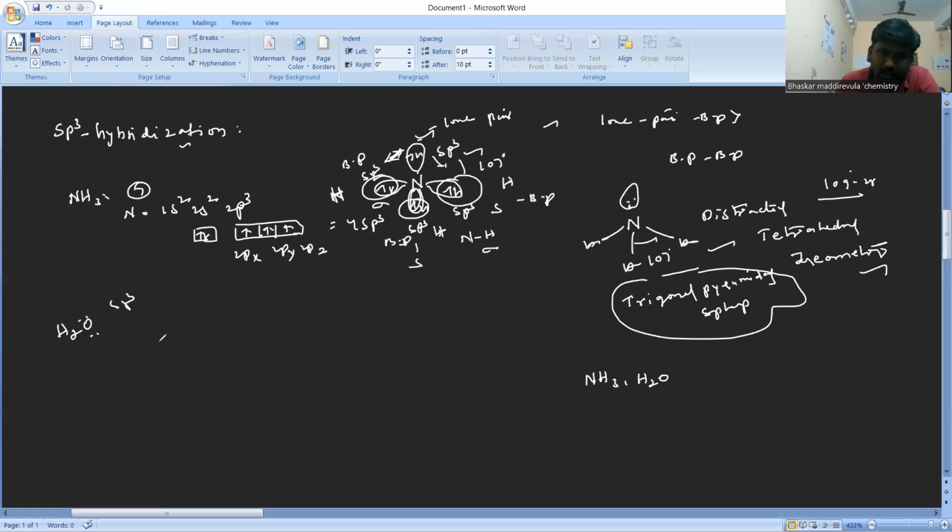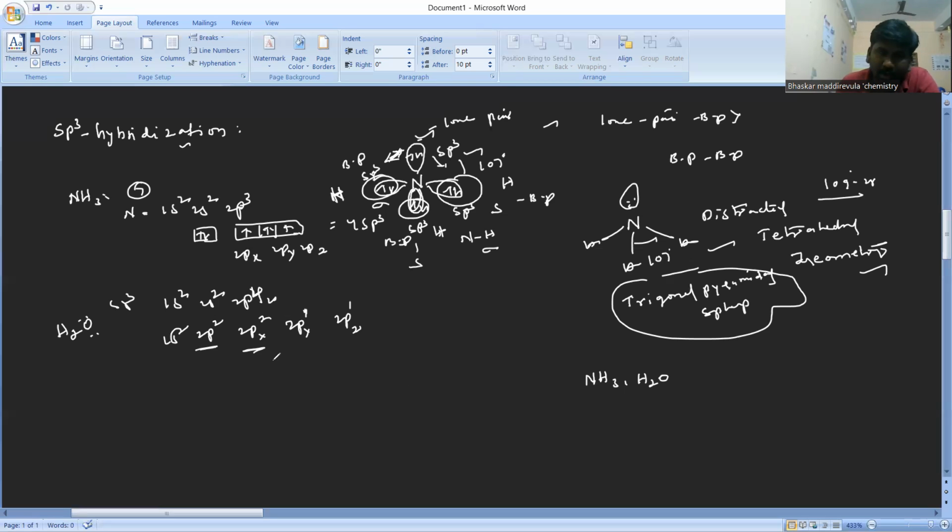Oxygen's atomic number is 8, so its electronic configuration is 1s2, 2s2, 2p4. In 2px there are 2 electrons, and in 2py and 2pz there is 1 electron each. So you can see 2 lone pairs in the case of oxygen.